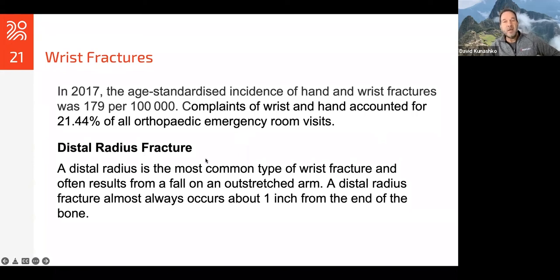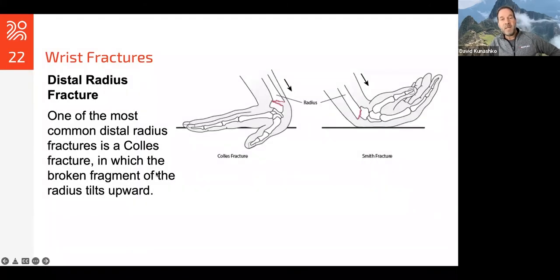So looking at fractures of the wrist, there's certain areas where it usually occurs, usually the distal radius, from a fall on an outstretched arm. It's usually about 1 inch from the distal portion of the bone because that's where it's the weakest. Mechanism wise, usually it's on the outstretched hand that can cause a Colles fracture as shown in that diagram.